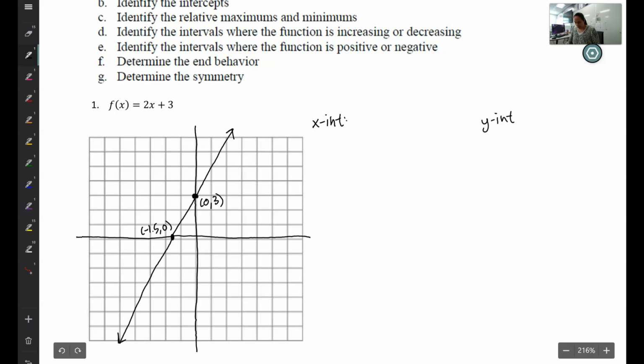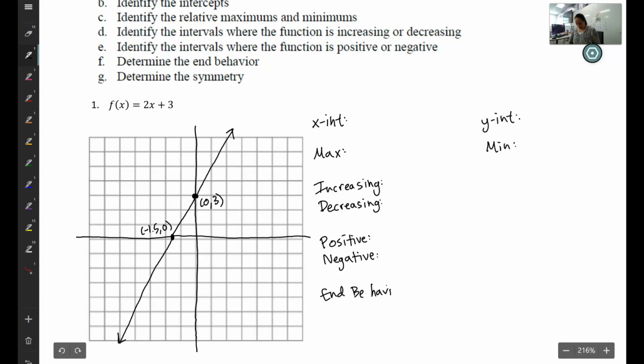So we need X and Y intercepts. We need maximums. We need minimums. We need increasing and decreasing. We have positive and negative. We have end behavior and our 2 types of end behavior.